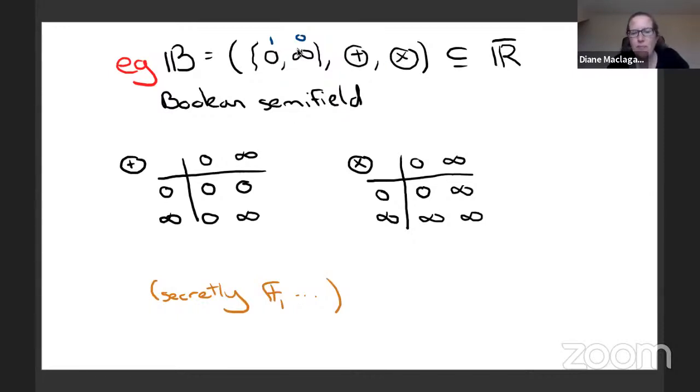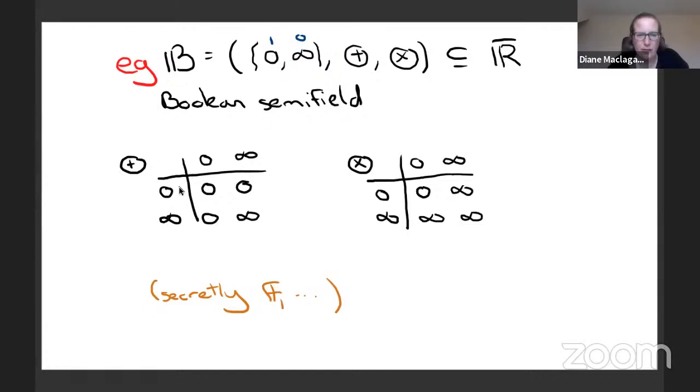And I've put above them in small letters a reminder that infinity is the additive identity, playing the role of 0 in the usual arithmetic, and 0 is the multiplicative identity, playing the role of 1 in usual arithmetic.